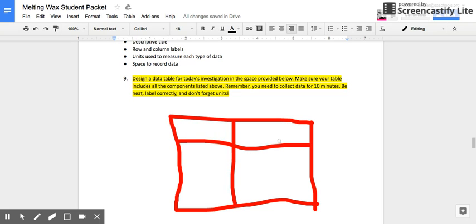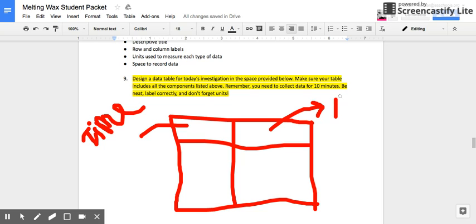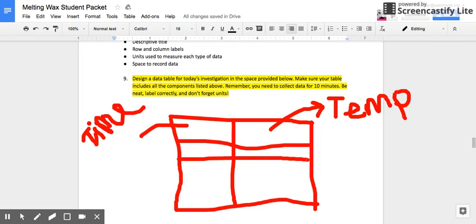All you needed to do was have 2 columns, and one column was titled time with your units. That would be minutes. And then your second column would have been titled temperature with your units, whether you decided Celsius or Fahrenheit, either one is fine.